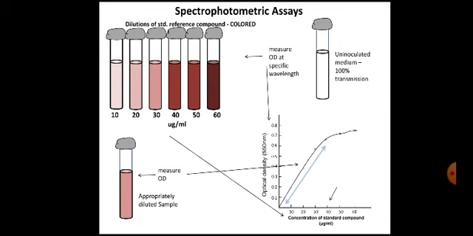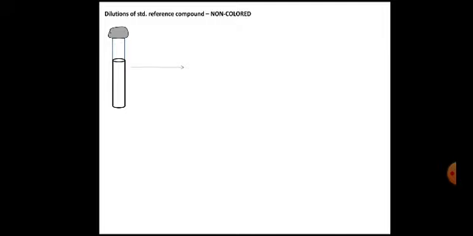Now, all fermentation products are not colored. There may be fermentation products which are non-colored. Most of the compounds are non-colored. So what to do? Still, spectrophotometric assays are possible. Very interestingly, these non-colored fermentation products can be converted into colored compounds, provided that there is an availability of certain reagents.